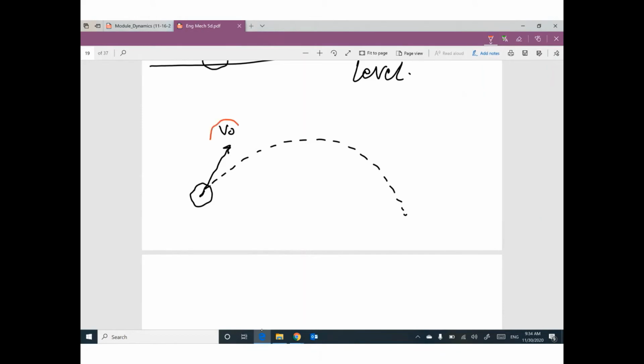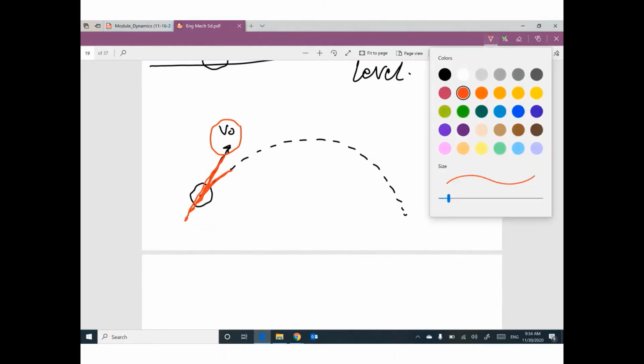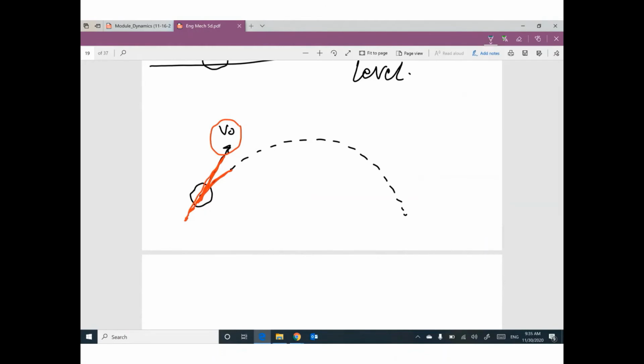Guys, what is the meaning of initial velocity? Mathematically, the initial velocity is a tangent to this parabolic base. Anybody can draw a tangent at the highest point. If you are looking for the highest point on a parabolic base, what is the direction of this tangent?